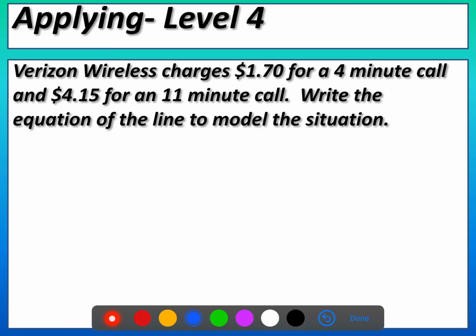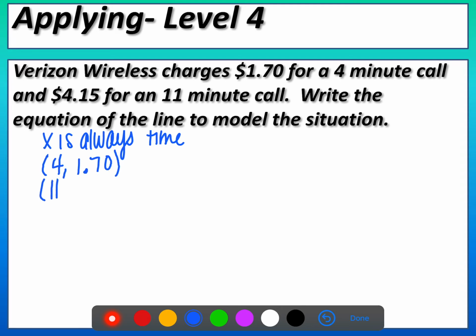Okay, so if we think back to rate of change and direct variation, we know that x is always time. Okay, so when I write these ordered pairs, the minute length of the phone call should be my x value. So a 4-minute call is $1.70 and an 11-minute call is $4.15. So I'm going to write two ordered pairs.